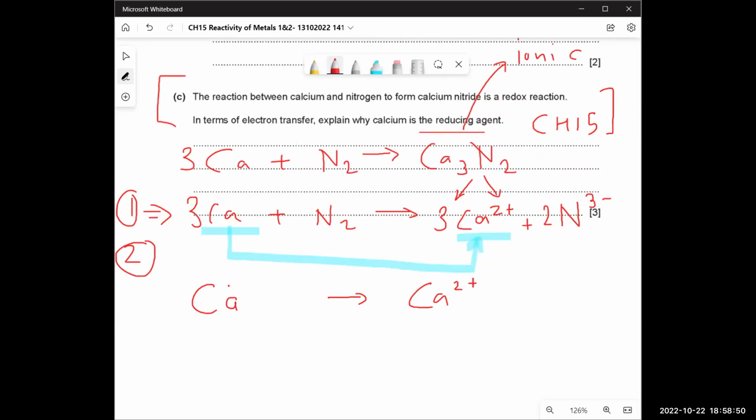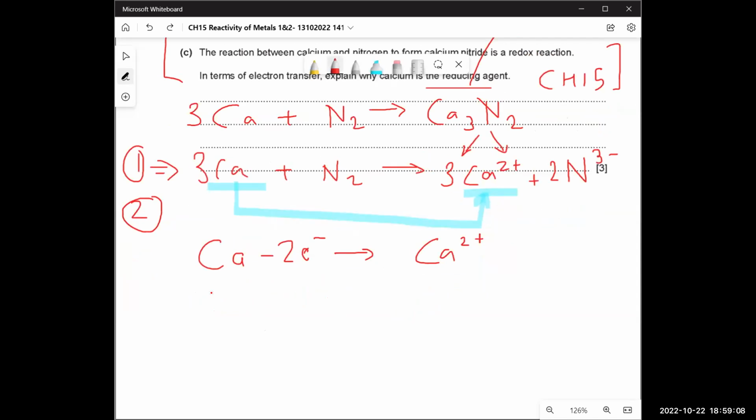Did it lose electrons or did it gain electrons? Javan. Lose. Let's write it like this. Ca minus 2 electrons becomes Ca2+. Then the Ca is done.